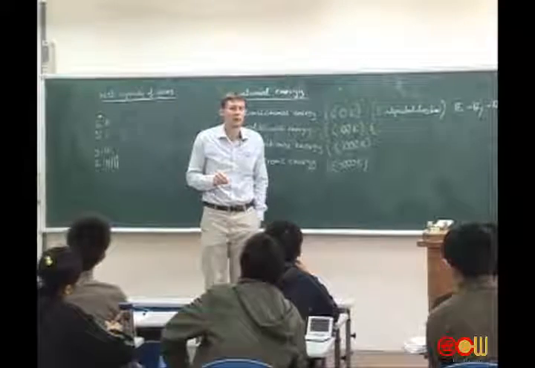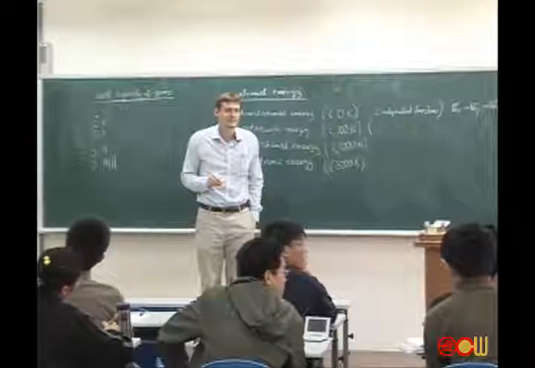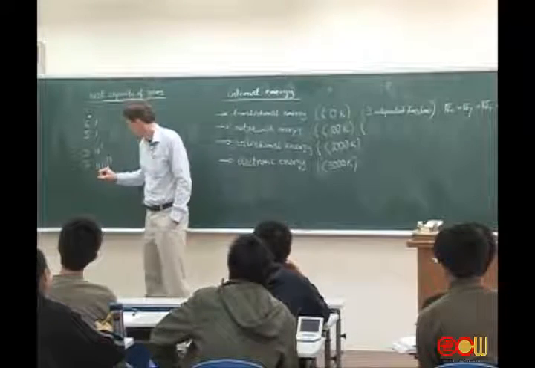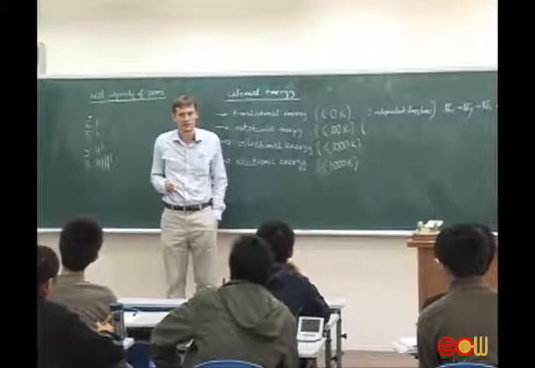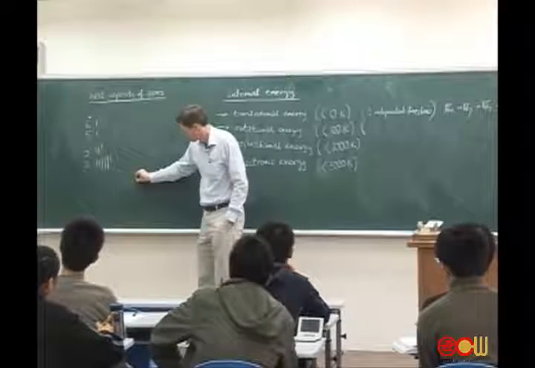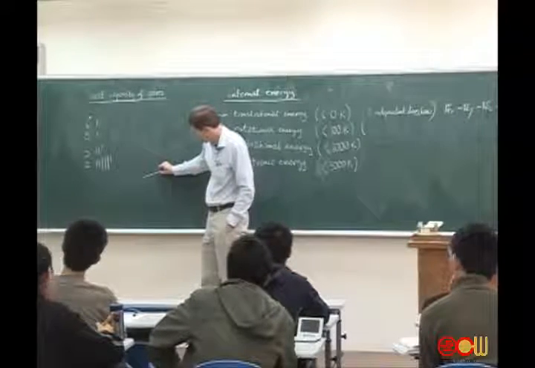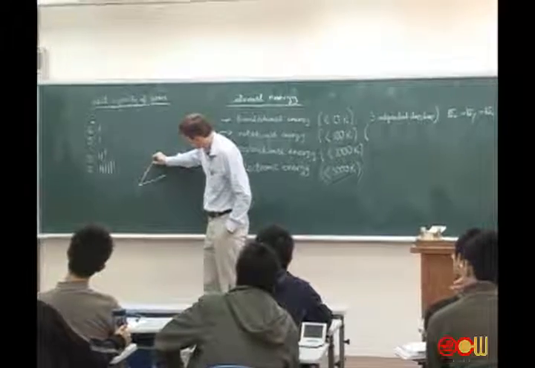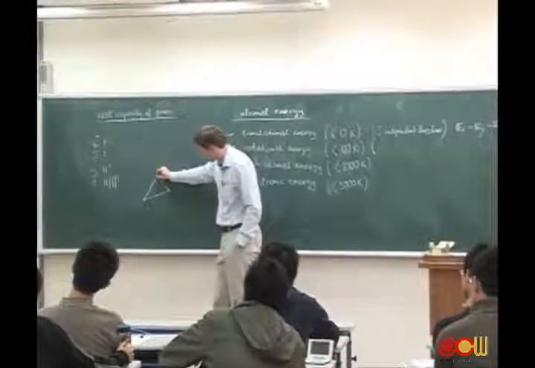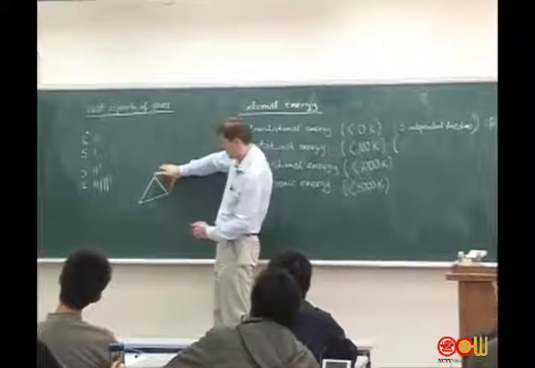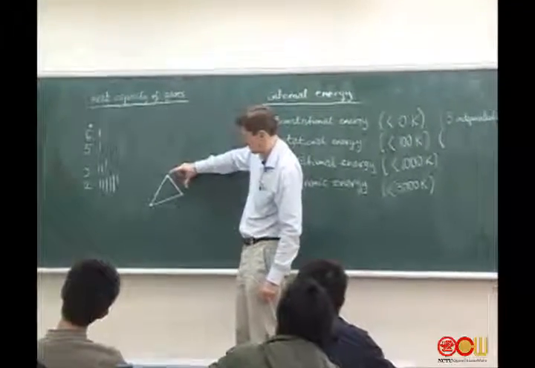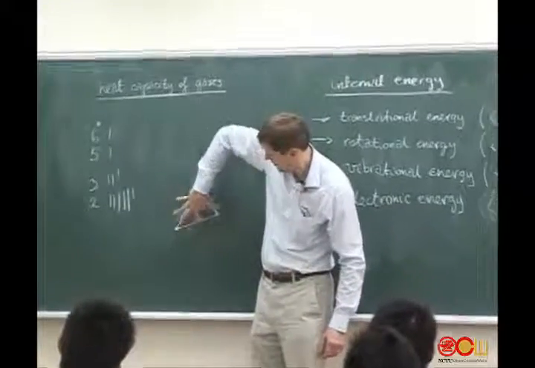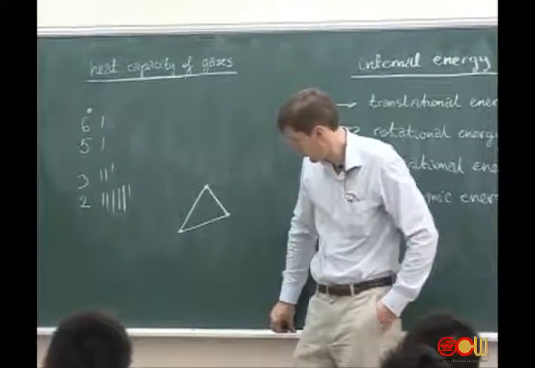What are all possible answers? 2 or 3. And this is the correct answer, 2 or 3, depending on the shape of the molecule. Imagine the molecule like that. This molecule can be rotating in this direction, or rotating in this direction, or rotating in this direction. 3 independent rotations.